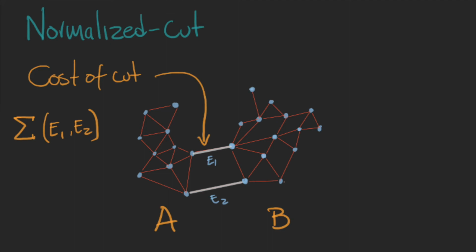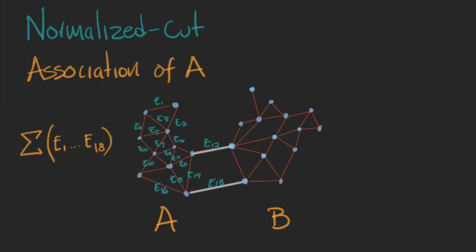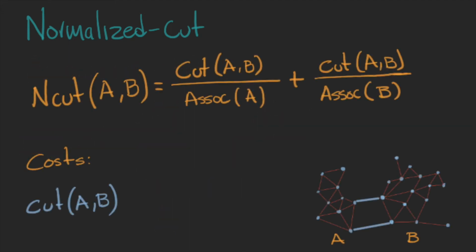We also need to calculate the association of each cut. This means that if we want to cut A, we need to sum all the weights that are connected to A in any way. Then the idea is to minimize the cost of the normalized cut during the segmentation.